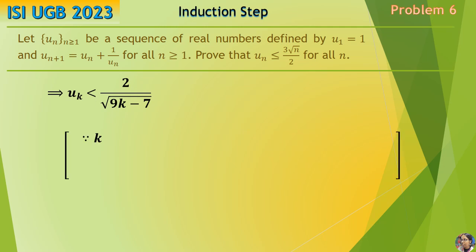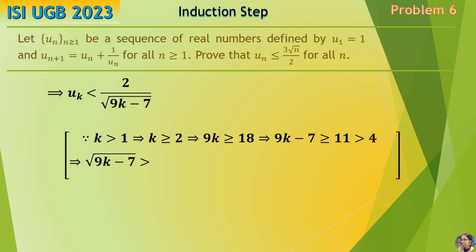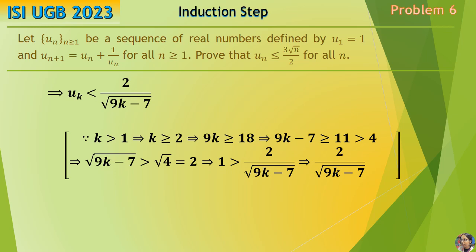Now, k greater than 1 implies that k greater equal to 2, which implies that 9k greater equal to 18, which implies that 9k minus 7 greater equal to 11, which is greater than 4. So the square root of 9k minus 7 is greater than square root of 4 equal to 2, which implies that 2 upon square root of 9k minus 7 is less than 1.